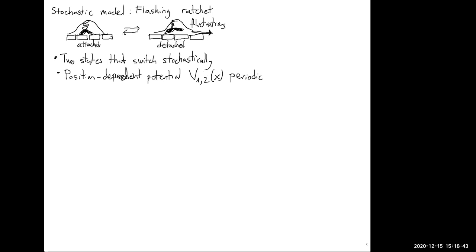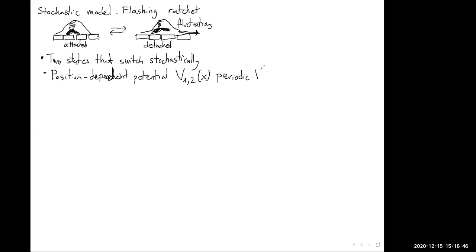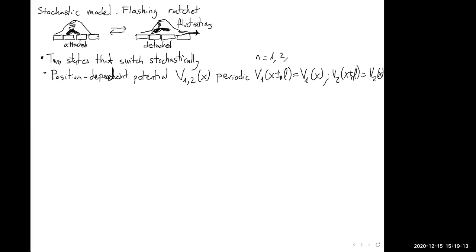Periodic means V1(x plus or minus L) equals V1(x), so the period is L, and the same for V2: V2(x plus or minus L) equals V2(x). Here you could have nL, where n is 1, 2, 3, and so on.